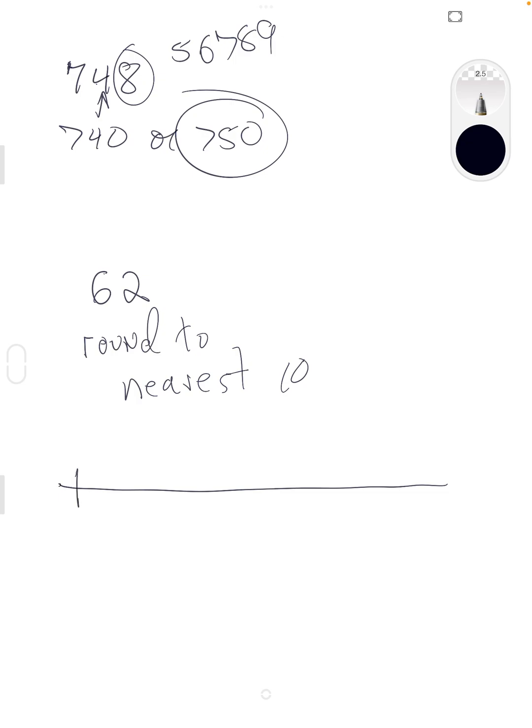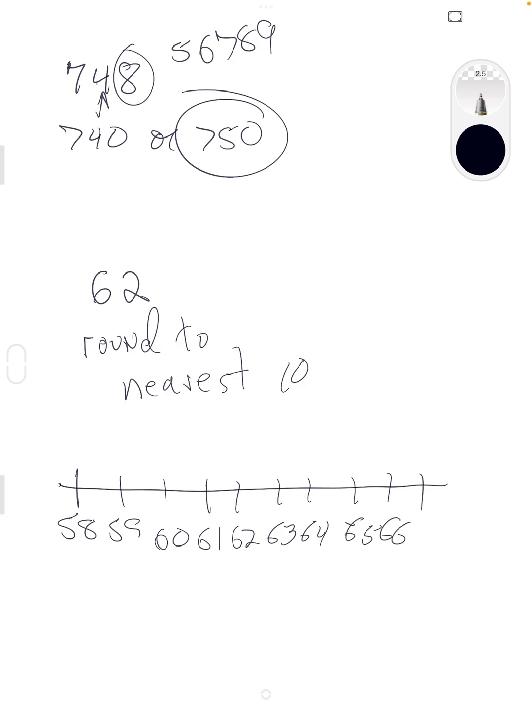Here's 58, 59, 60, 61, 62, 63, 64, 65, 66, 67, 68, 69, 70.